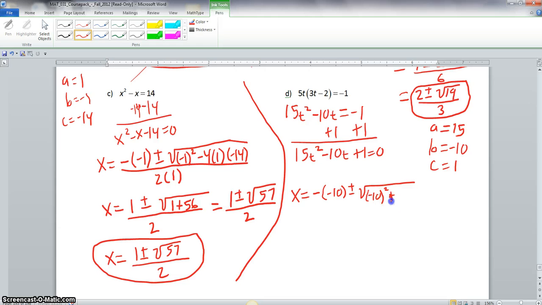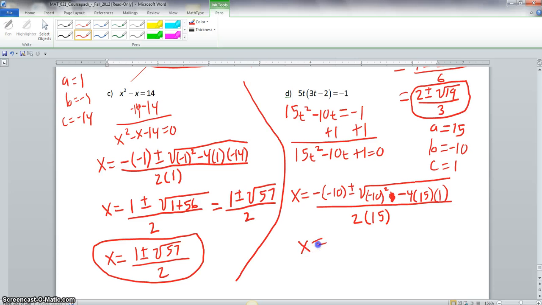Oh, that's supposed to be minus. Negative 10 squared minus 4 times a, which is 15, and c is 1. And this is all over 2 times a, which is 15.